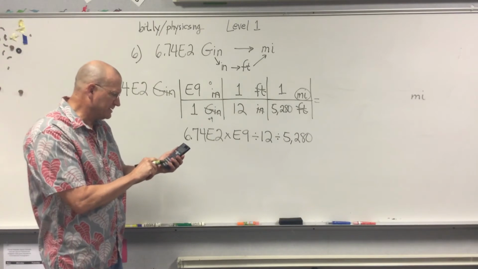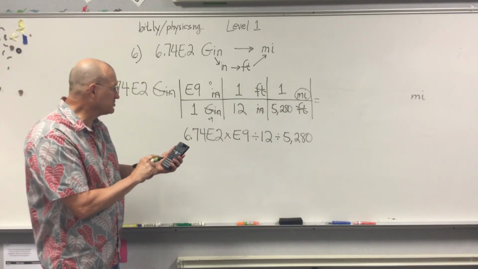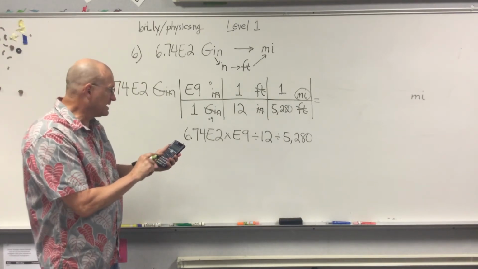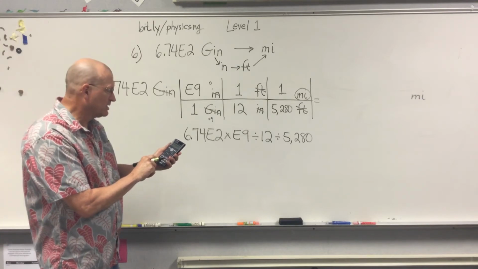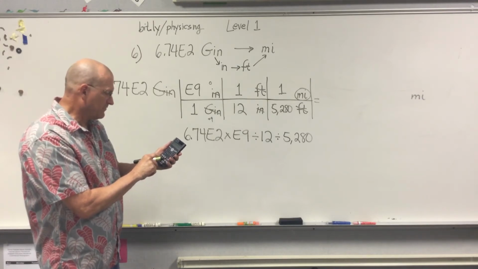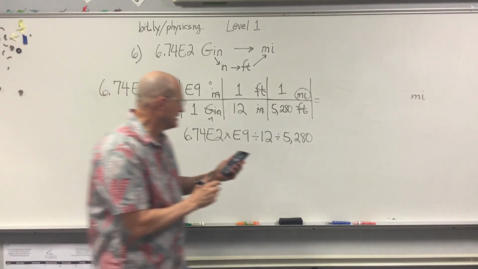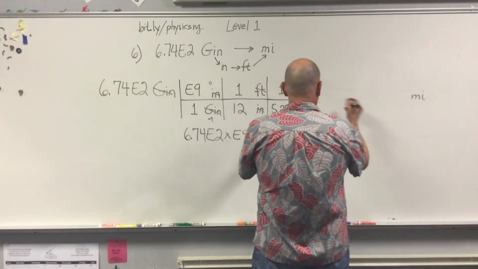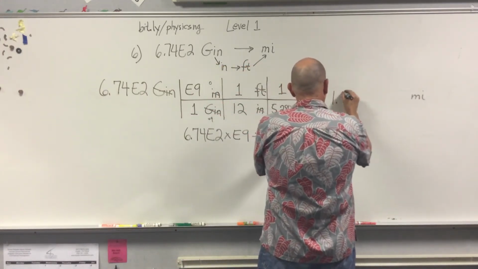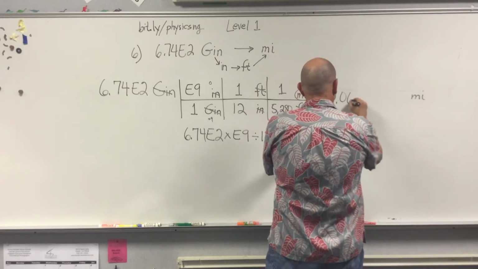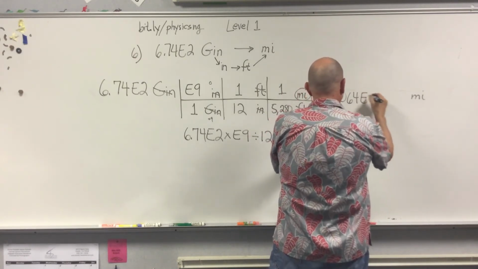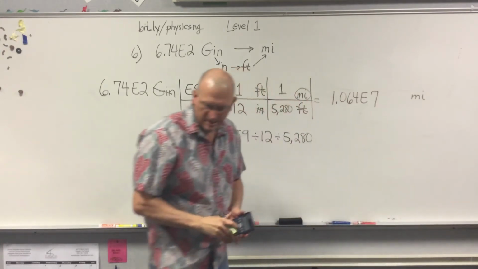And if I do that, 6.74 E2 times E9 divide by 12 divide by 5,280, I get 1.064 E7 miles.